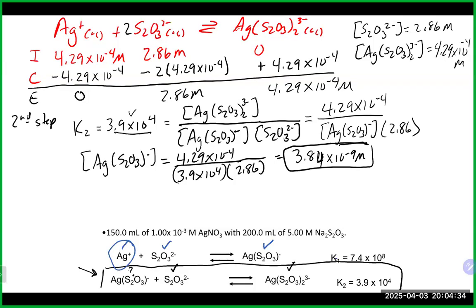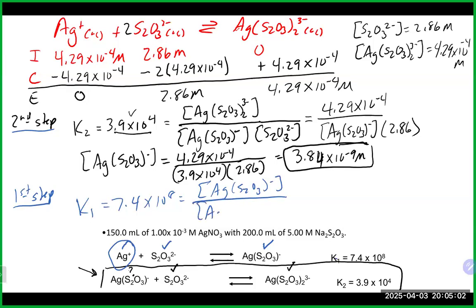So if we go now to the first step, we could write the equilibrium expression for our first step, which would equal 7.4 times 10 to the 8. And again, we're going to write our equilibrium expression for the first step, which would be our guy we just solved for, divided by our silver, which is what we're looking for, and our S2O3 2 minus.